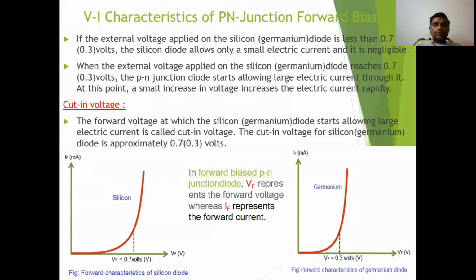Okay, so now we will see the VI characteristics of that p-n junction diode. If the external voltage applied on the silicon diode is less than 0.7 volts, the silicon diode allows only a small current, and that is negligible.